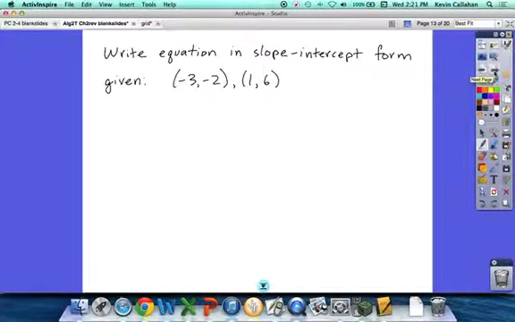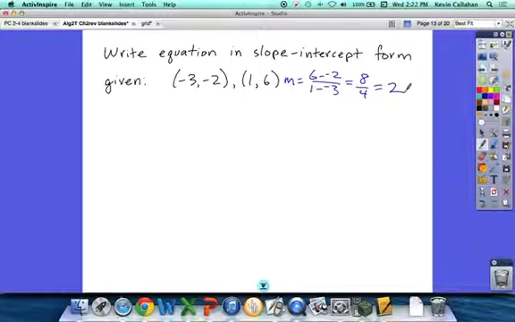Okay. What if you don't get a point and the slope? You get 2 points. Find the slope first, right? If you don't have a slope, find the slope. So our first step will be, these 2 points are the same 2 points I used before. It'll be m equals 6 minus -2 over 1 minus -3 equals 8 over 4, which is 2.